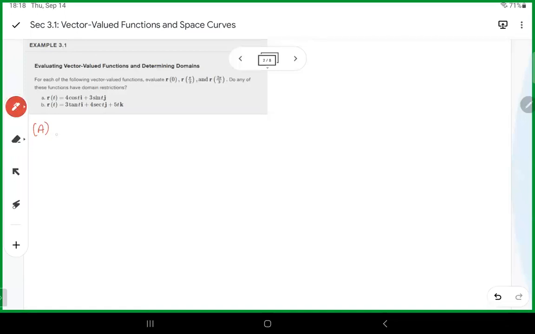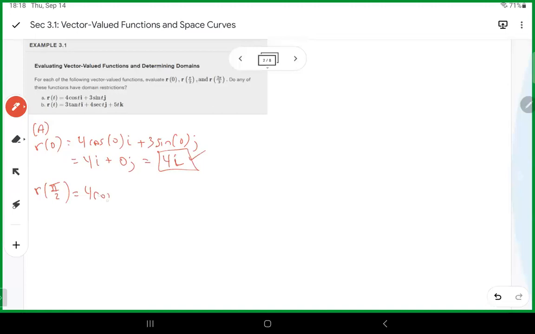But we'll try. All right, so the first one: r of 0 is going to be 4 cosine 0 i plus 3 sine 0 j. So that would give us 4i plus 0j, which is just 4i. Okay, then we want to do r of pi over 2.